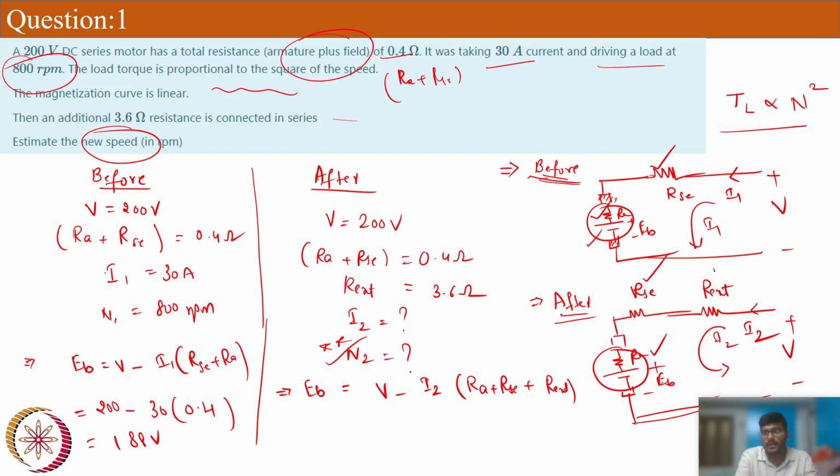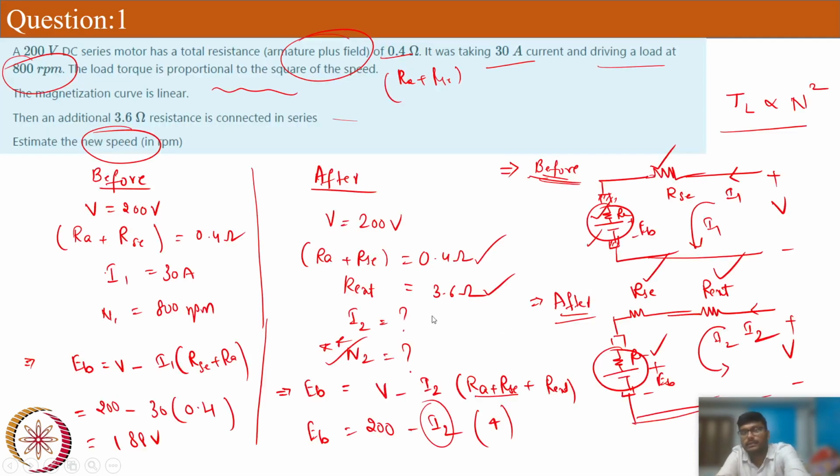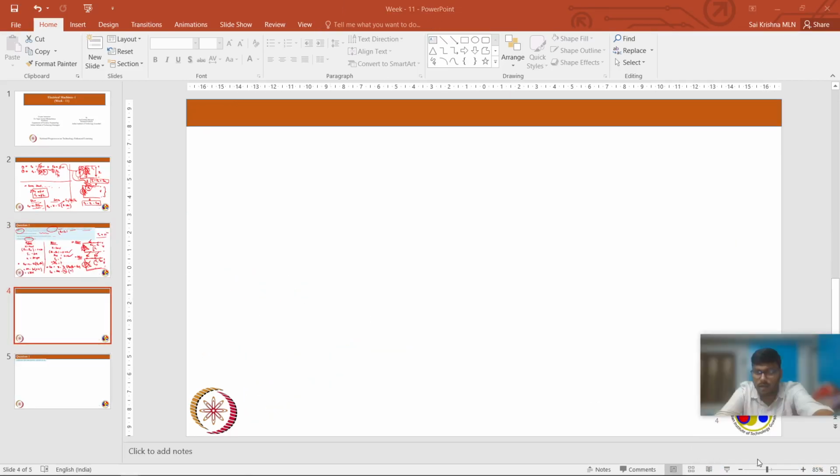You know V, it is 200, minus I2, which I don't know, times the total, RA plus RSE is 0.4 and R external is 3.6, so it's 4. To calculate EB you need I2, so the rest you keep aside. We will see later how we can calculate it. Now we will see how we will calculate the other part.